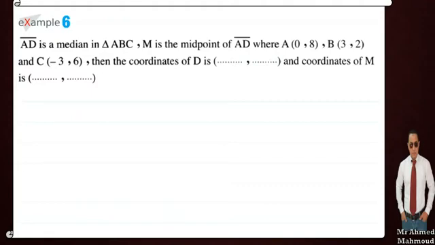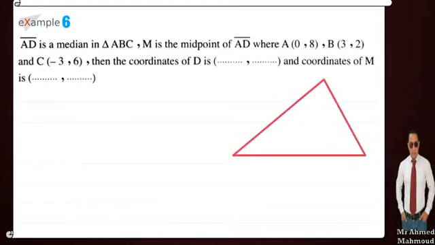First I'm going to draw the triangle like this and I will call it A, B, and C. He says that AD is a median, so I will connect from A to BC like this. This one is called D. D is the midpoint of BC.